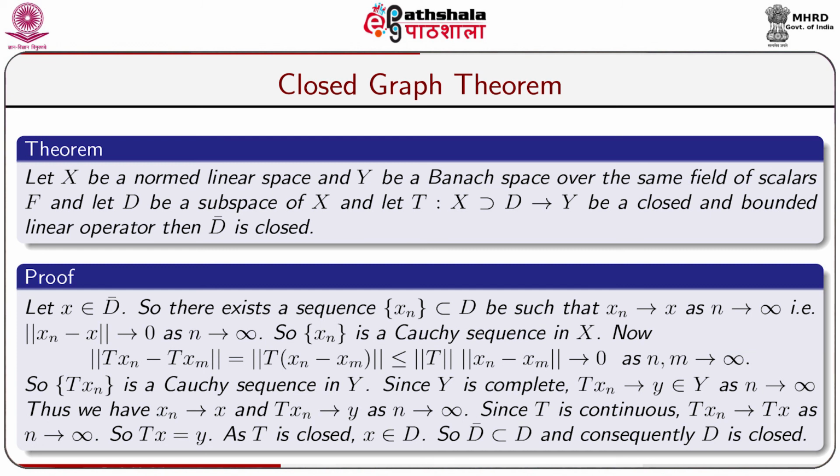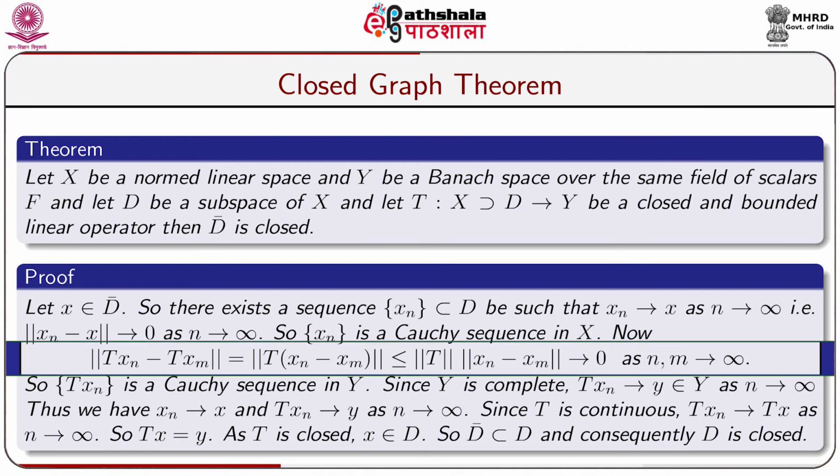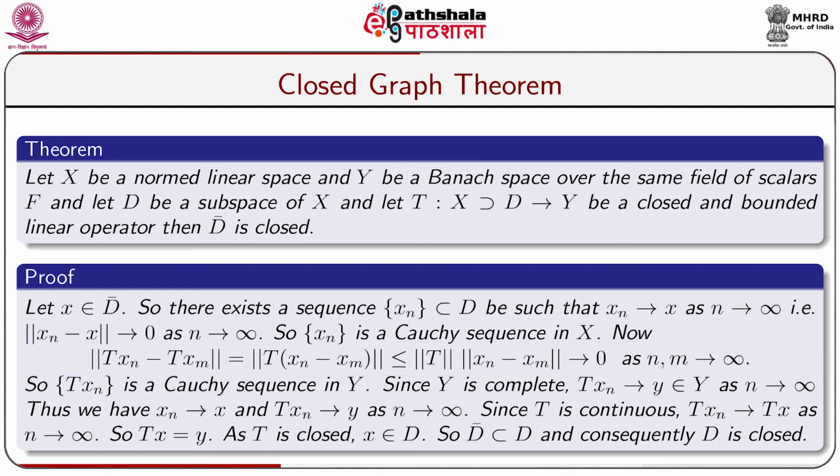So norm of xn minus x goes to 0 as n tends to infinity, and this implies that the sequence xn is a Cauchy sequence in X. Now norm of Txn minus Txm is equal to norm T(xn minus xm) by the linearity of T, which is less than or equal to norm T into norm of xn minus xm, which goes to 0 as n, m tends to infinity. So the sequence Txn is a Cauchy sequence in Y.